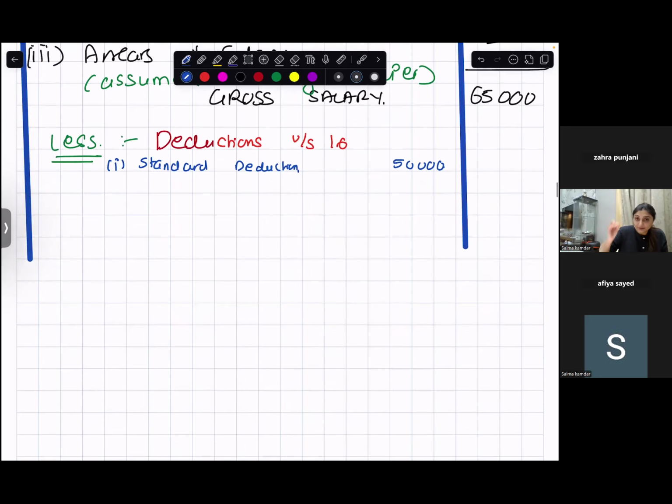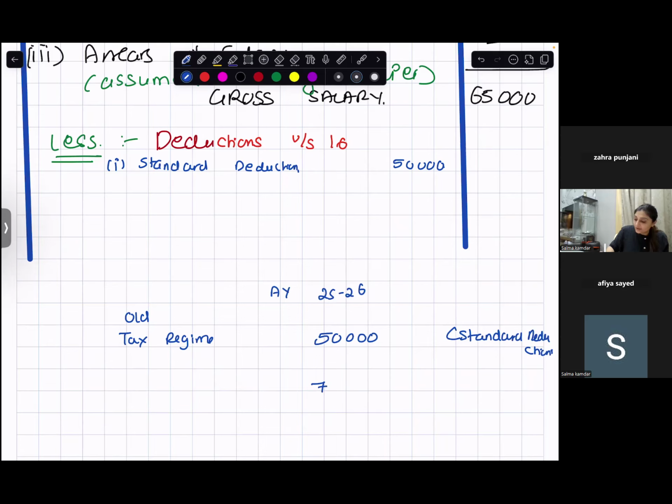I want you to please note that there are two tax regimes. One is the old tax regime. If we are still following the old tax system, the question will tell you that this employee is following the old tax regime. If we are following the old tax regime for the assessment year 25-26, the standard deduction would be 50,000.